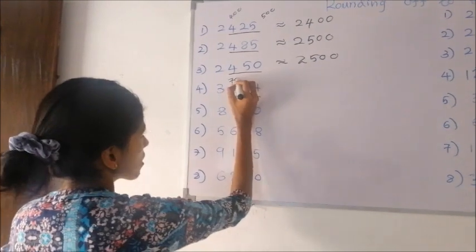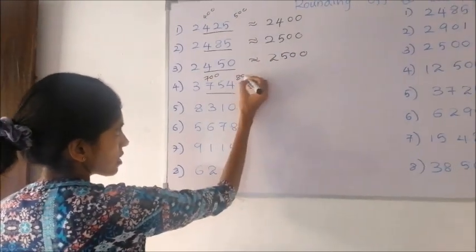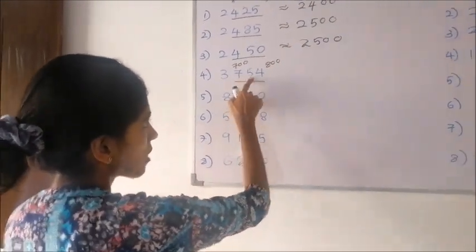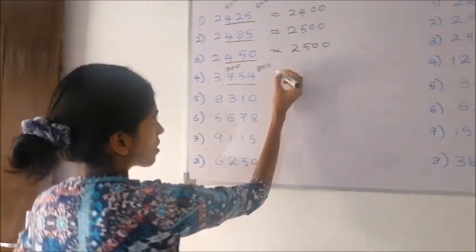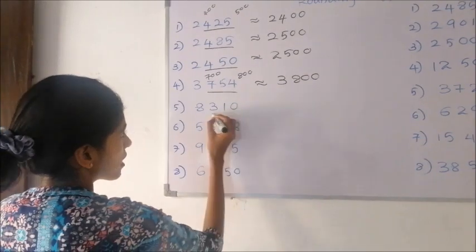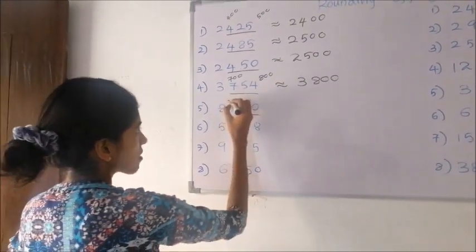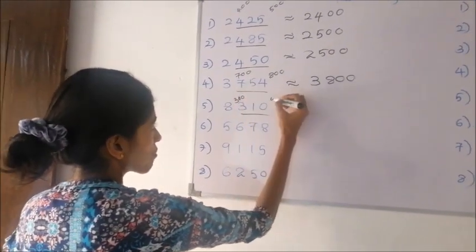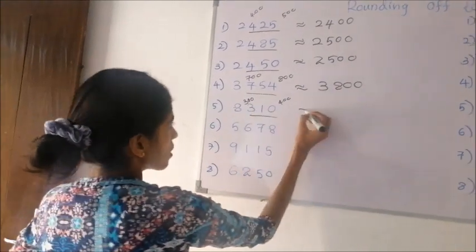Next, see, 754 should be in between 700 and 800. Look, this is not the middle number but more than the middle one. 3800. Next, 310 is located in between 300 and 400, and it is very close to 300.